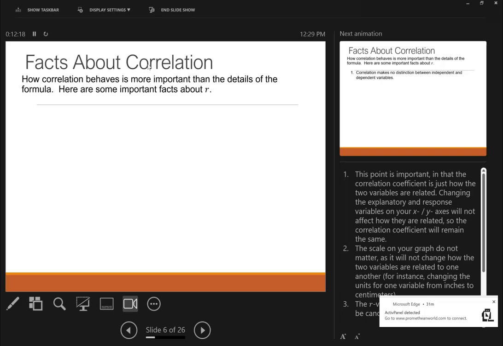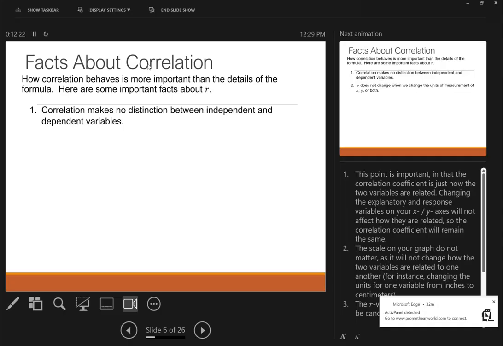Some more facts concerning R. So correlation makes no distinction between independent variable and dependent variable.